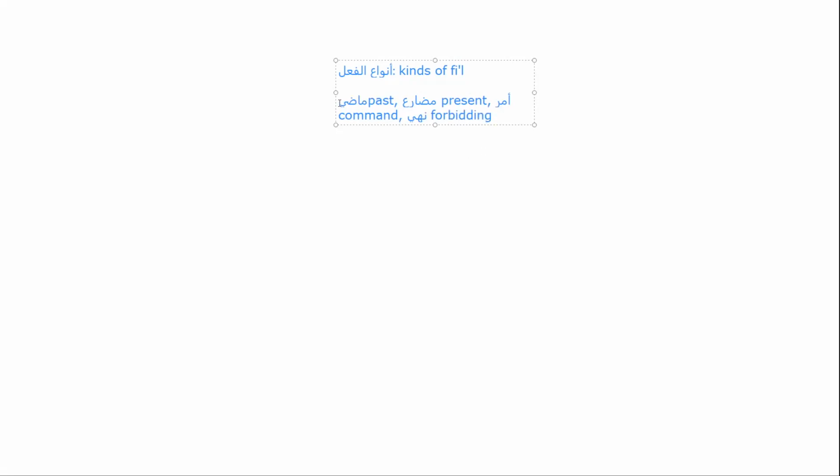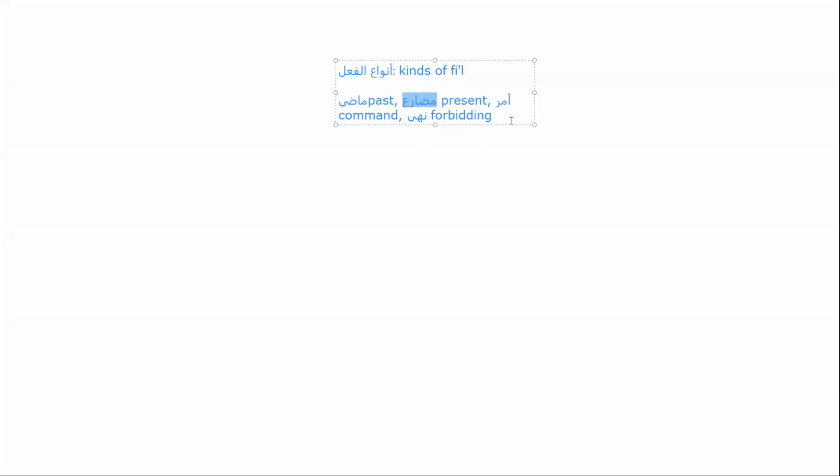Now, yesterday we discussed madi and we discussed mudari. One of the fundamental things we mentioned about this is that grammatically, madi we say is only one type, and mudari is, we said there are three types. Now, how do we know the types? It's by looking at the endings, okay, for madi, and by looking at the endings and the beginnings for mudari. You remember that?